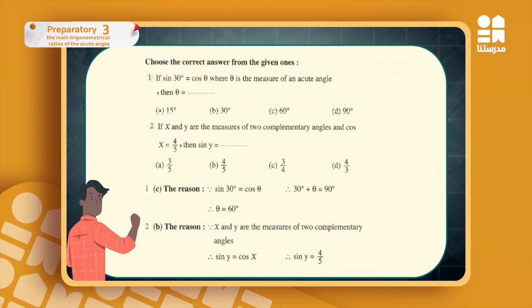The question says cosine x equals 4 over 5 and asks me to find sine y. Well, cosine x equals sine y. So the answer to the question is the same number, 4 over 5. The same answer.